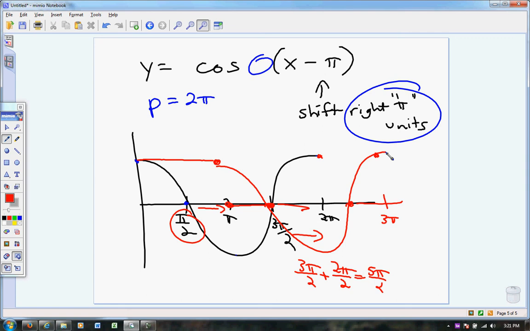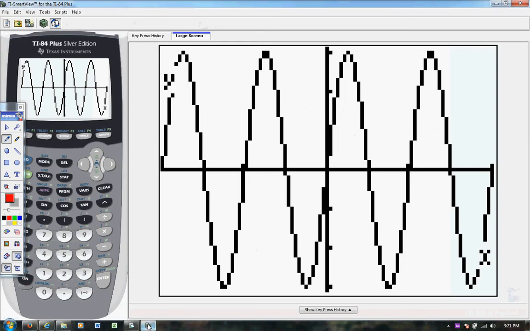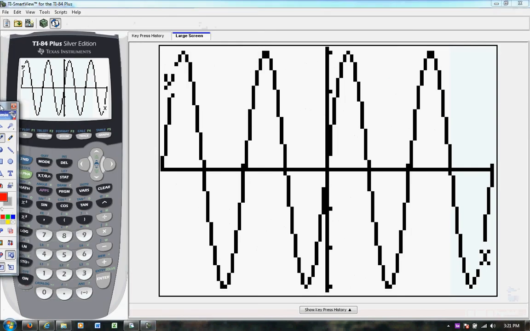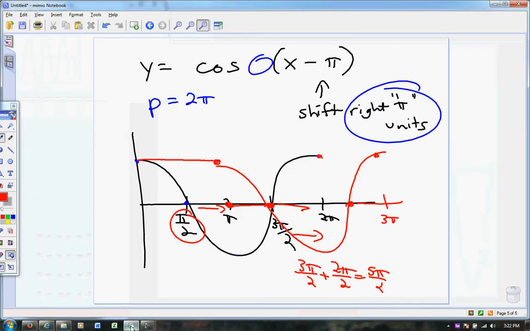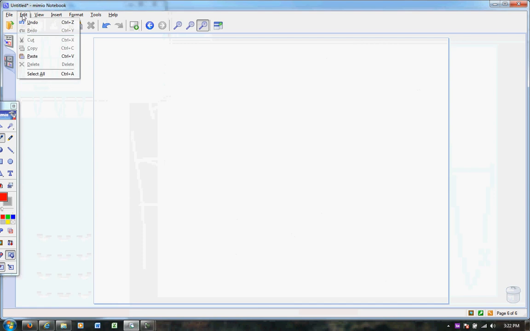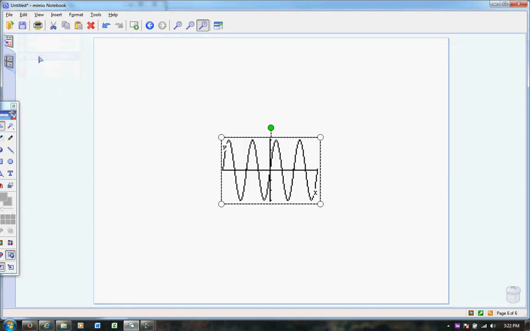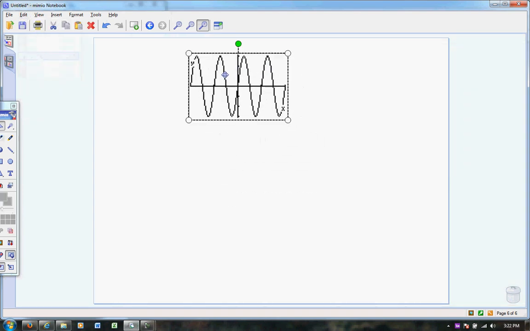Now, the only other thing that I want to review with you right now is that tonight in your book, they might give you a blank graph. I'm going to put this into a document so you can see it. They might give you a graph like this and then say, write the function.